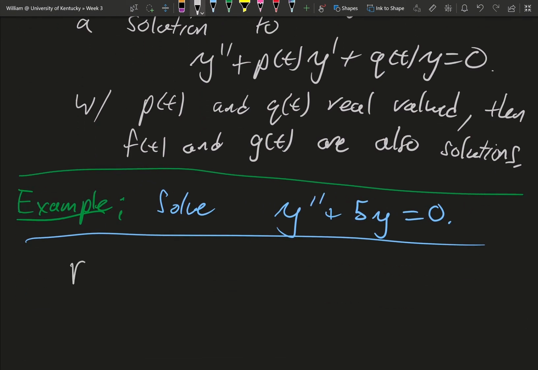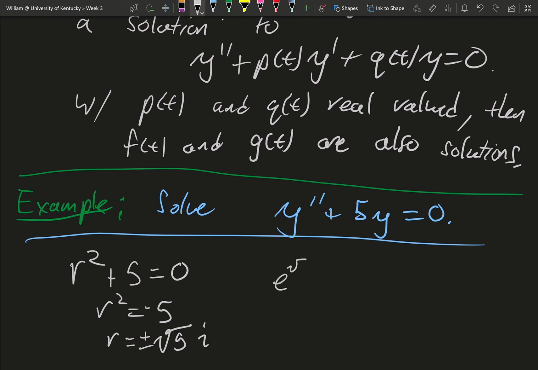Okay, so r squared plus 5 equals 0. Let's move it over. r squared equals negative 5. So r equals plus or minus the square root of 5 times i.